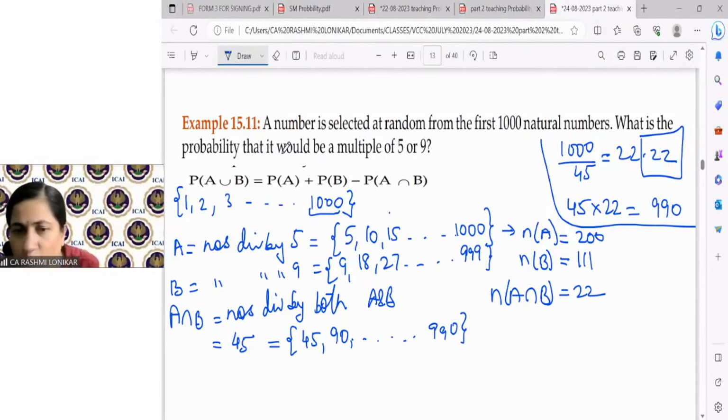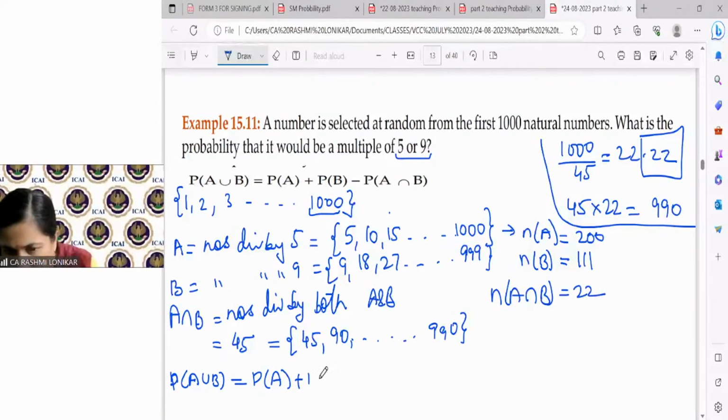Now what are they asking? What is the probability that it would be a multiple of 5 or 9? 5 or 9 means P of A union B will be equal to P of A plus P of B minus P of A intersection B. These are numbers, but I want to talk about probabilities.